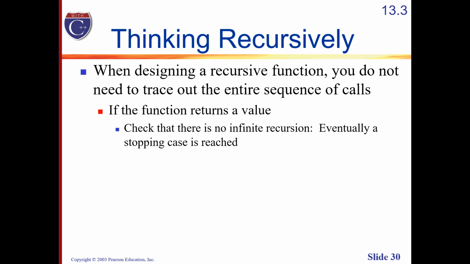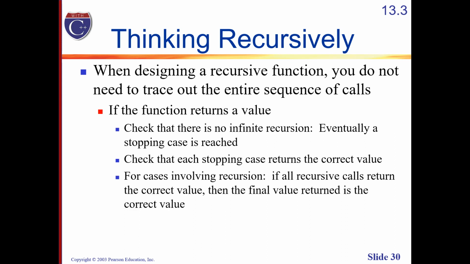Then, we must check that there is no infinite recursion. Eventually, a stopping case will be reached. We also need to check that each stopping case returns the correct value. And for cases involving recursion, if all the recursive calls return the correct value, then the final value returned is the correct value.